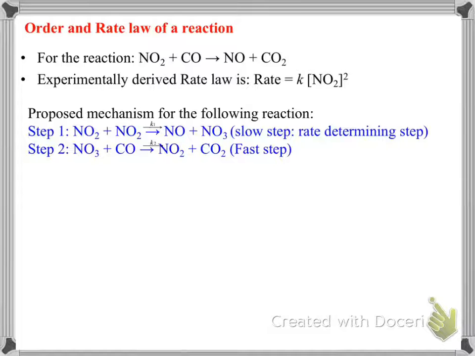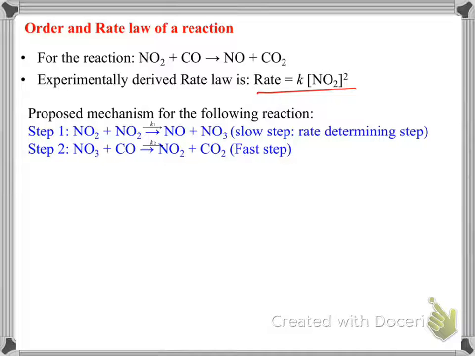So, again, for the same reaction, NO2 plus CO gives NO plus CO2, experimentally the rate law was found as rate equals k times [NO2] raised to the power 2. What does that mean?